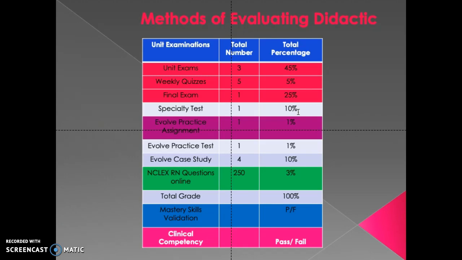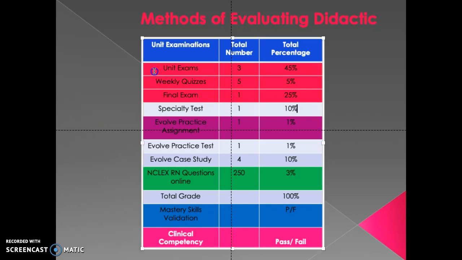These questions are meant to mimic NCLEX style questions, and it's timed. I think it's an hour and 30 minutes. I'm not sure how many questions, but it's probably about 1 hour and 30 minutes to do the modules.